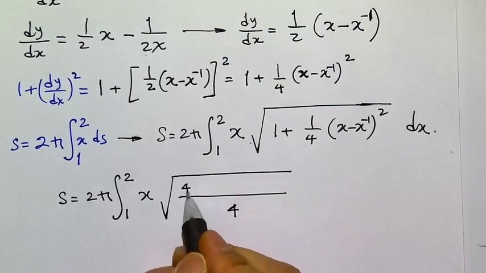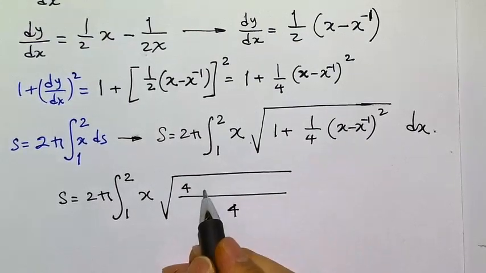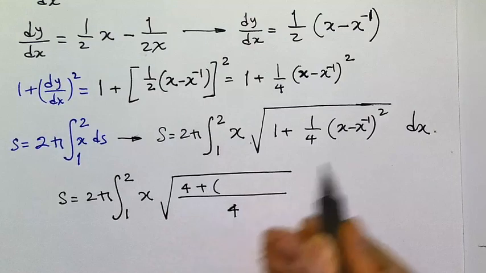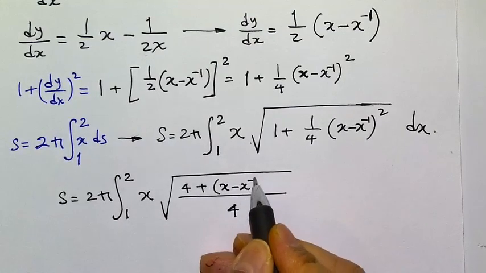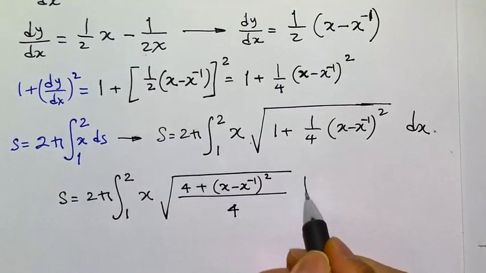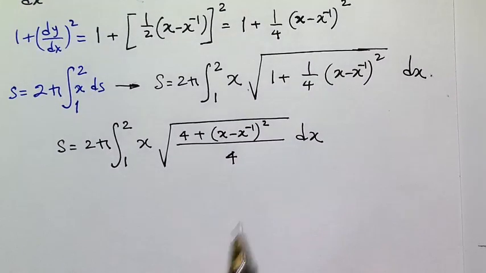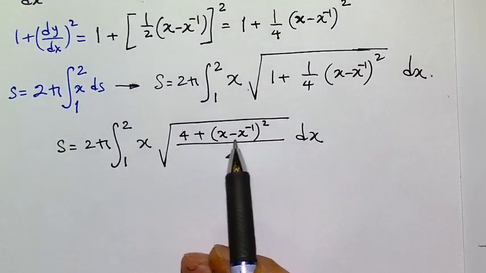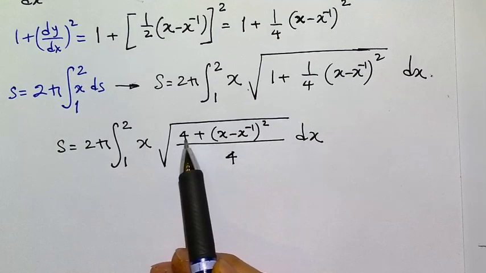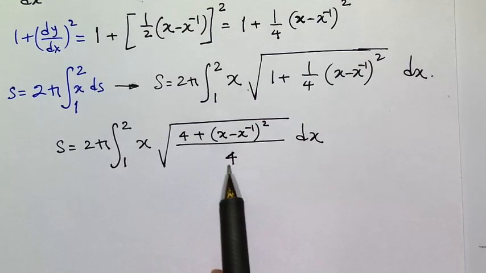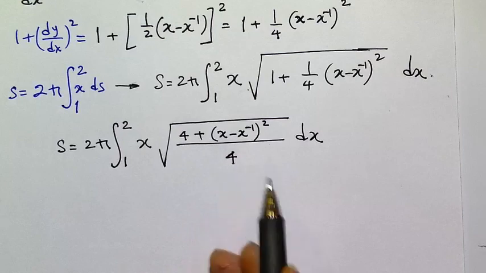So what do we get? We get 4 plus all of that, (x minus x to the minus 1) squared, dx. We can now expand this and then combine it with this 4 here. And of course, the denominator will be just 2, right?